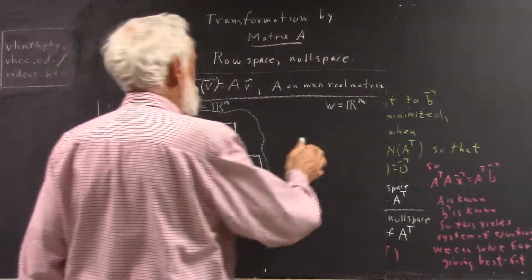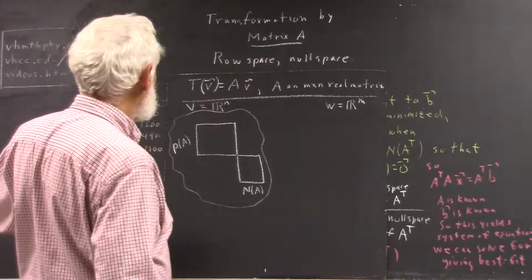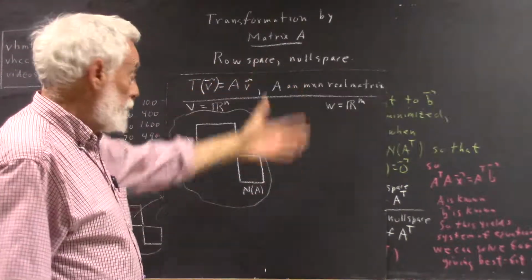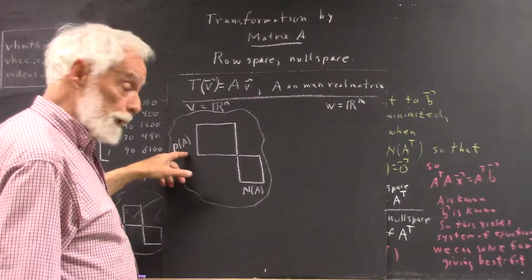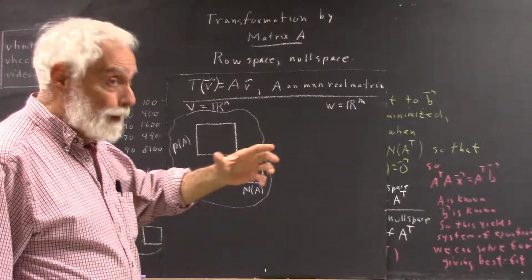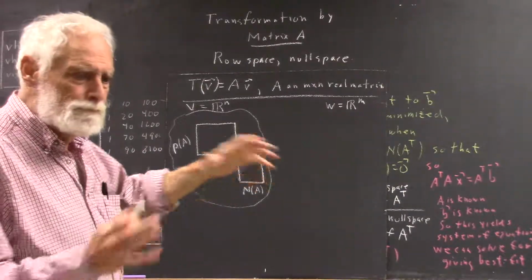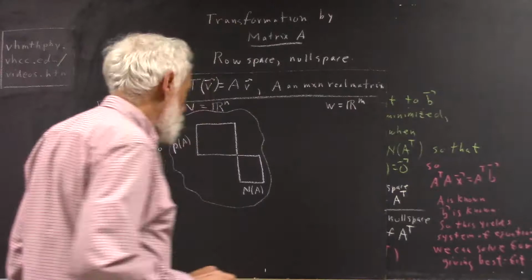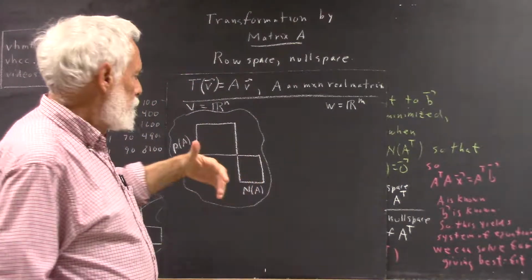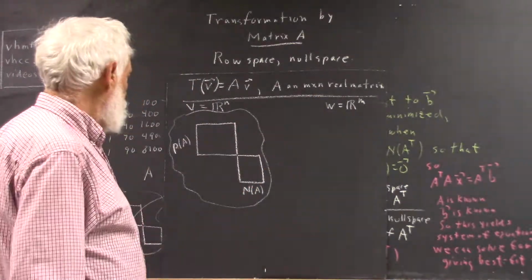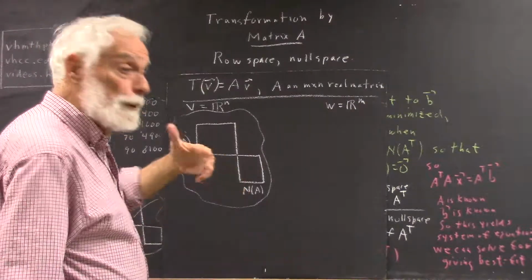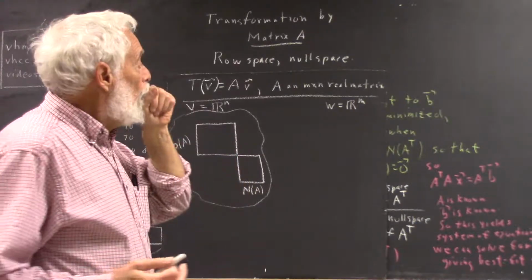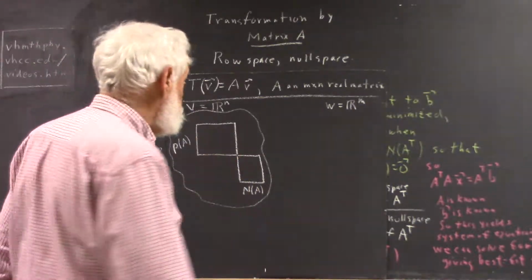So we have Rm. Now, we know that the row space goes to a column space over here in Rm, the column space of A, which is the row space of A transpose, but I'm going to call it C. And I'm going to depict that column space and the null space of Rm, not by rectangles this time, but by straight lines, because the vector relationships will be clearer.